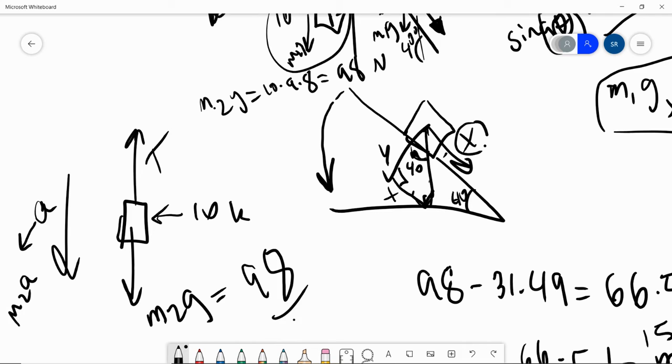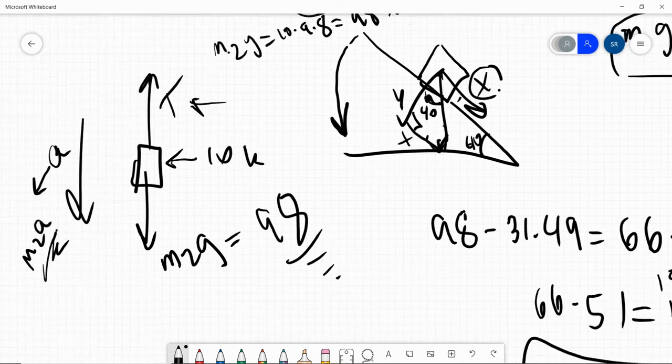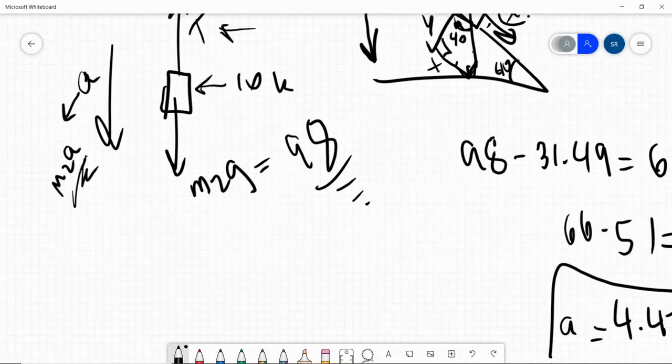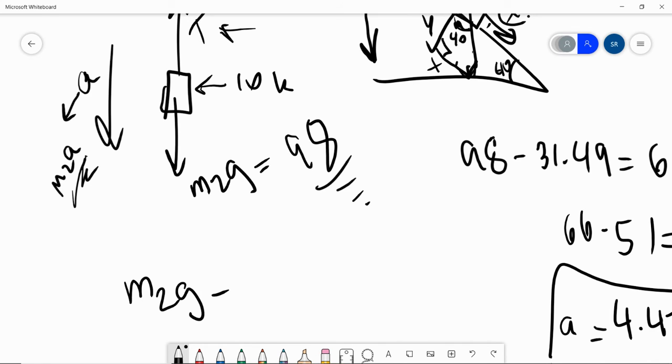It's not going to feel the full 98 because it has some sort of negative force of tension acting against it, but we know what we're really going to observe. We'll be observing the M2A. So in that case, I can say that my M2G is going to be limited by my tension to only allow me to observe M2A.